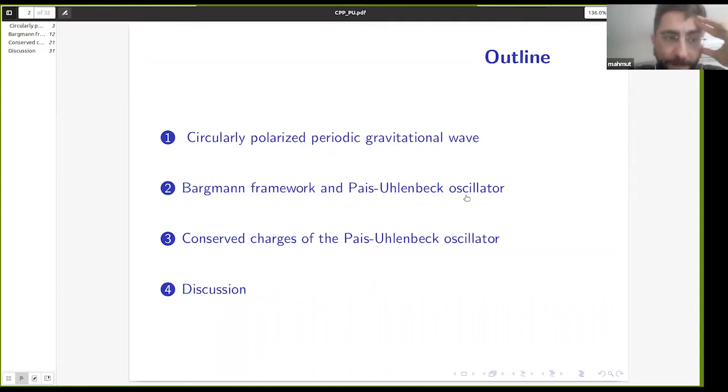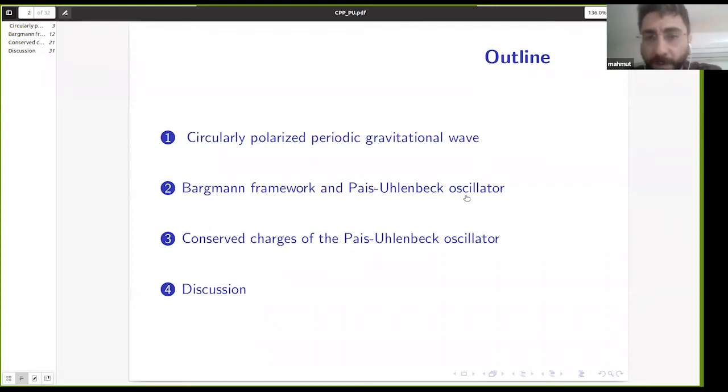This circularly polarized periodic gravitational wave belongs to a larger class called plane gravitational waves, and plane gravitational waves are a sub-branch of more general waves or space-times called PP waves. Therefore, when I started to build this presentation, I started with the PP waves and some of their properties. Then I will be a bit more specific, go to the plane waves, and lastly I will give you the definition of this particular circularly polarized periodic gravitational wave space-time, okay?